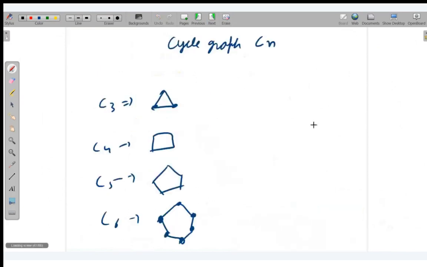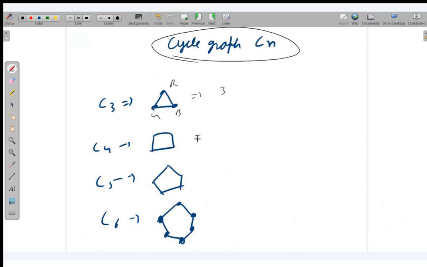Next is cycle graph or Cn. Here, what is the chromatic number? 3. Red, green, blue. Here, 2. Red, red, green, green. Here, see this. Red, red, red. No. Green, green. Oh, sorry, I have made some mistake. So this cannot be red, no?